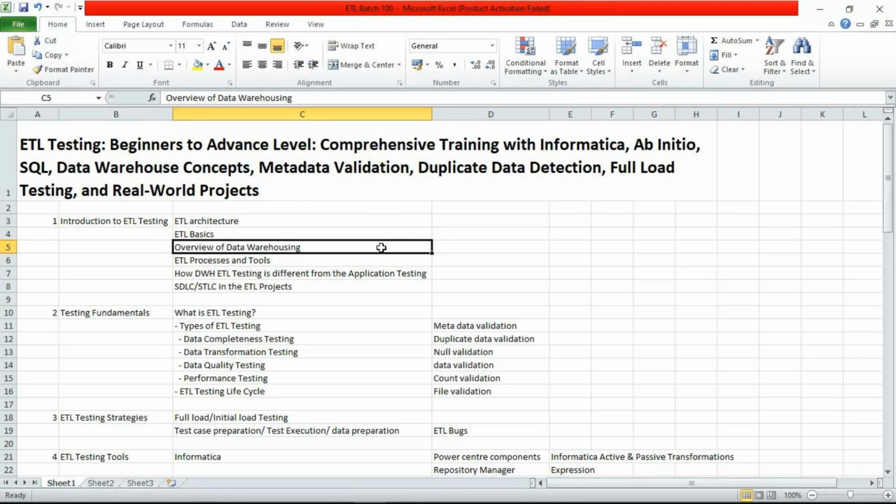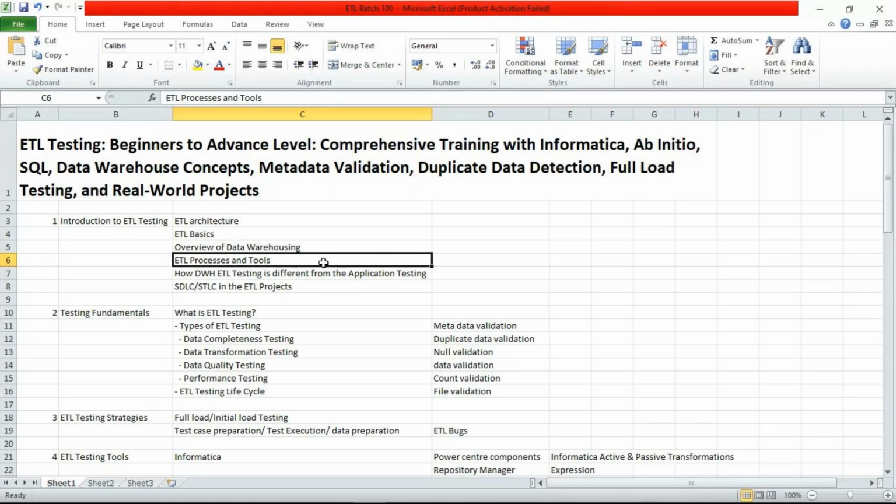We all know what a warehouse is, right? A warehouse is a collection of goods, where we put all our inventory in an ordered manner. Data warehousing is the same. We will keep our data in an ordered, nice manner. So that is data warehousing.